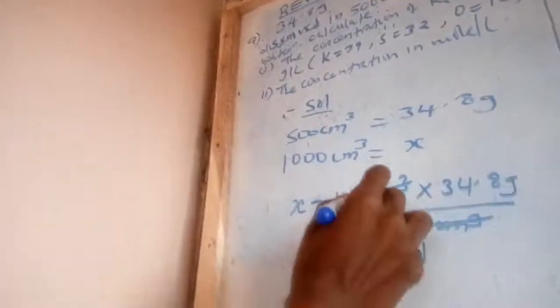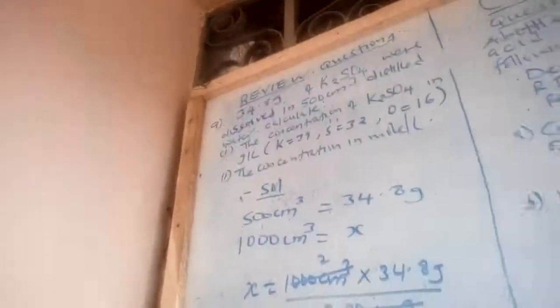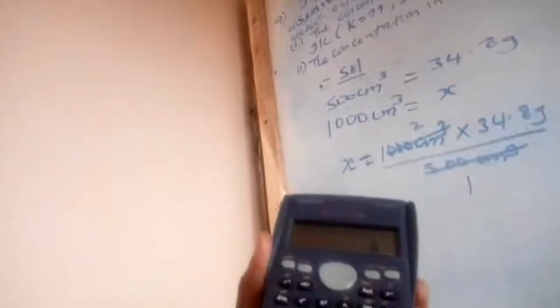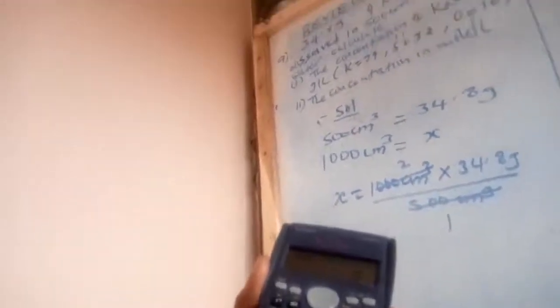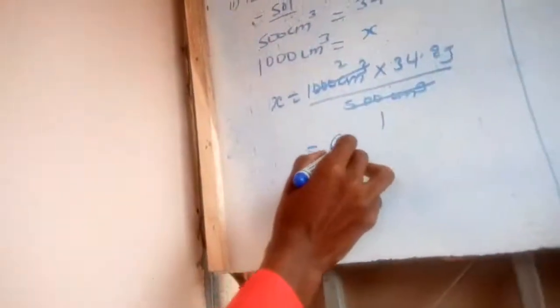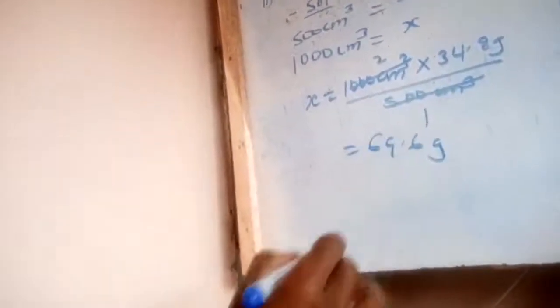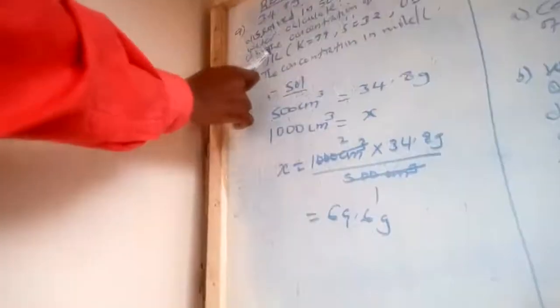Therefore 2 multiplied by 34.8, as illustrated in this calculator here, you are supposed to get 69.6, and therefore this becomes 69.6 grams.